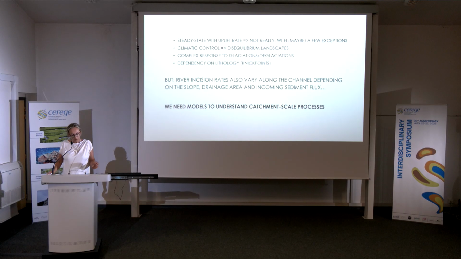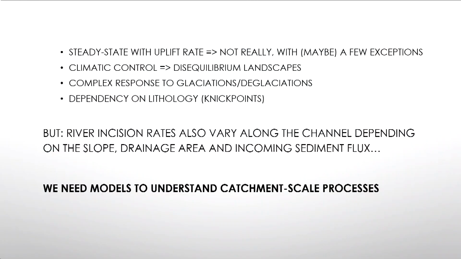So what we have to understand now is that these are only local measurements. It means you take a point along the river channel, and you sample it, and you have an incision rate. But the river incision rate varies a lot from the headwater down to the outlet of the river, because it depends on many things.